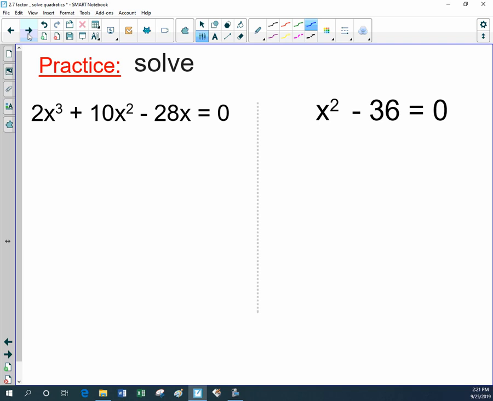Okay, next example, 2x to the third plus 10x squared minus 28x equals 0. The greatest common factor here is 2x. So we factor 2x out of each of these terms. That would leave us with x squared plus 5x minus 14.